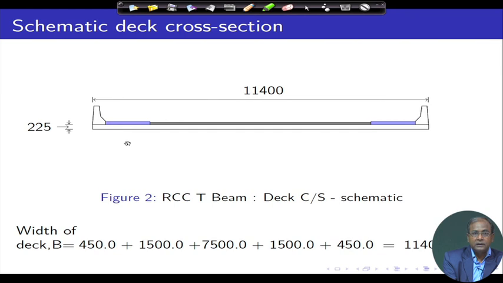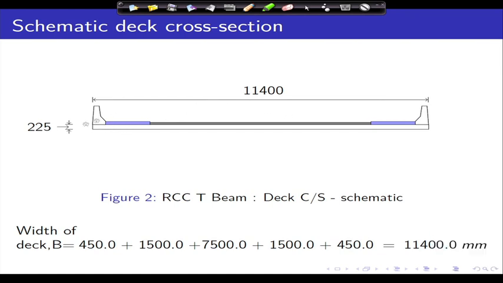Considering our requirement, this is 450, this is 1500 and this is 7500 the carriageway, and then we have another 1500 on the other side. So, it comes as 11400.